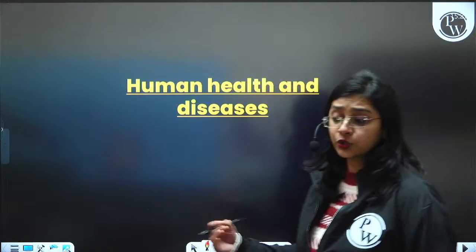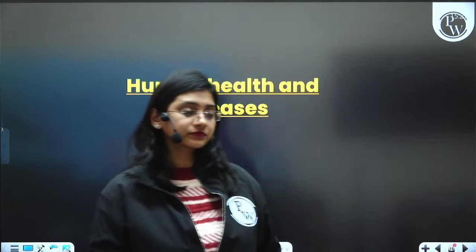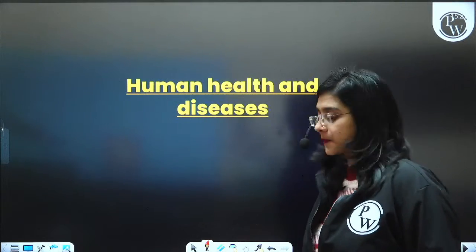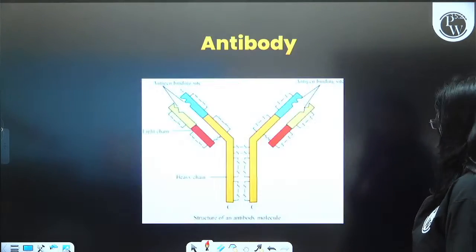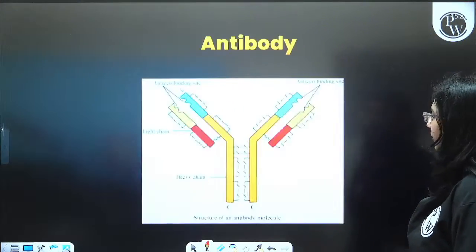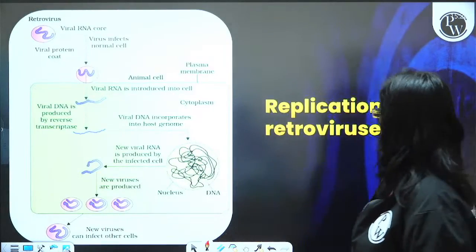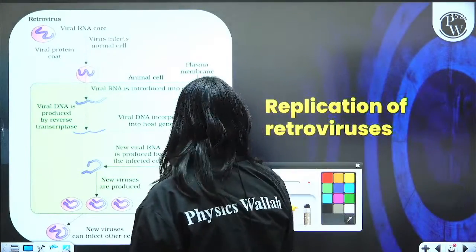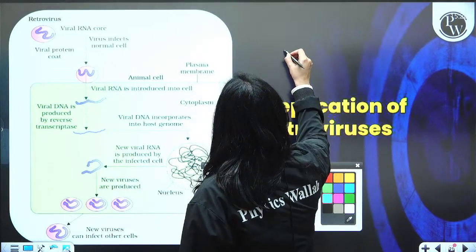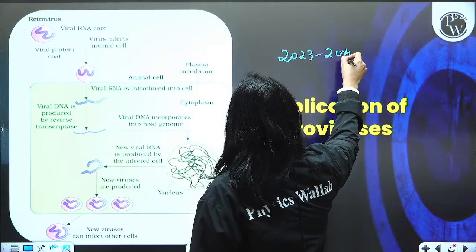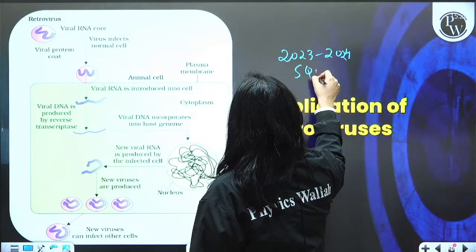Now coming to human health and disease chapter, in the 2023-2024 sample question paper, if you see, the question came related to antibodies. Okay, a question came related to replication of retrovirus. So this is the question that you get to see in this year's sample question paper.